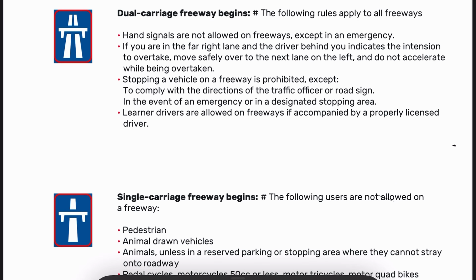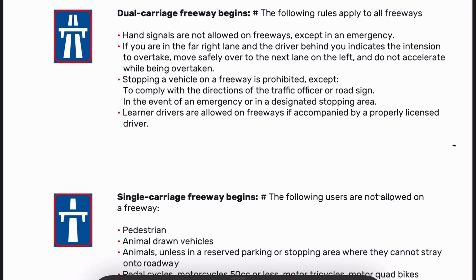Stopping a vehicle on a freeway is prohibited except to comply with the directions of the traffic officer or road sign, in the event of an emergency, or in a designated stopping area. So you don't just stop your vehicle on the freeway unless there's a traffic officer that says stop, then you stop.